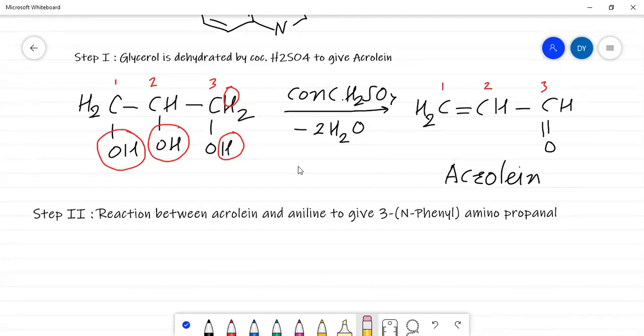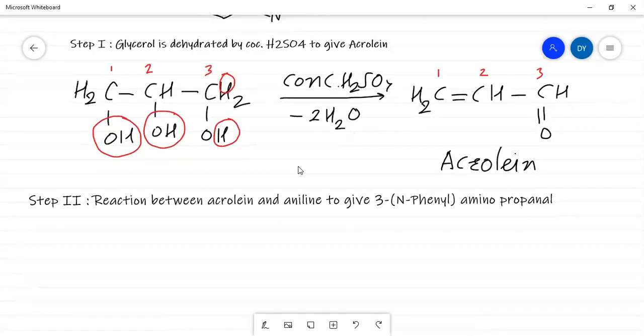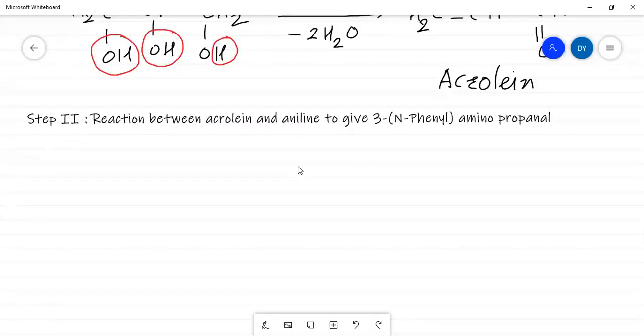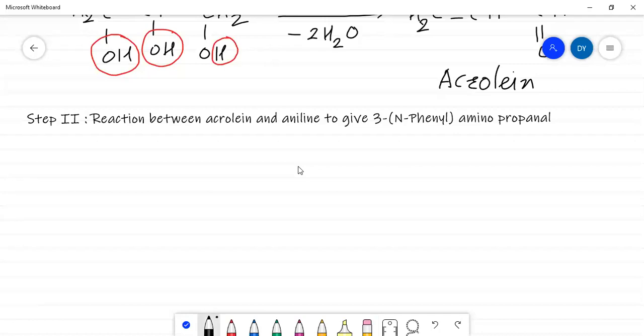So first, I am going to write down the structure of aniline. So I write aniline like this. This is the aniline. And then acrolein. We can write the structure of acrolein like this.